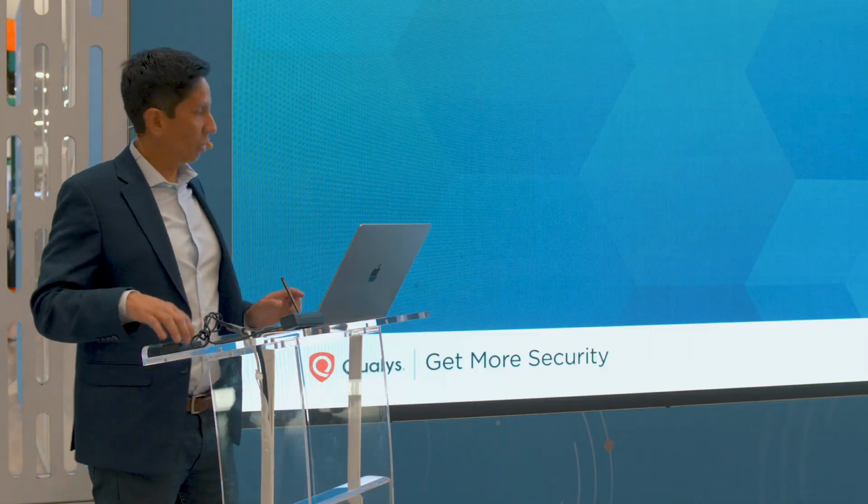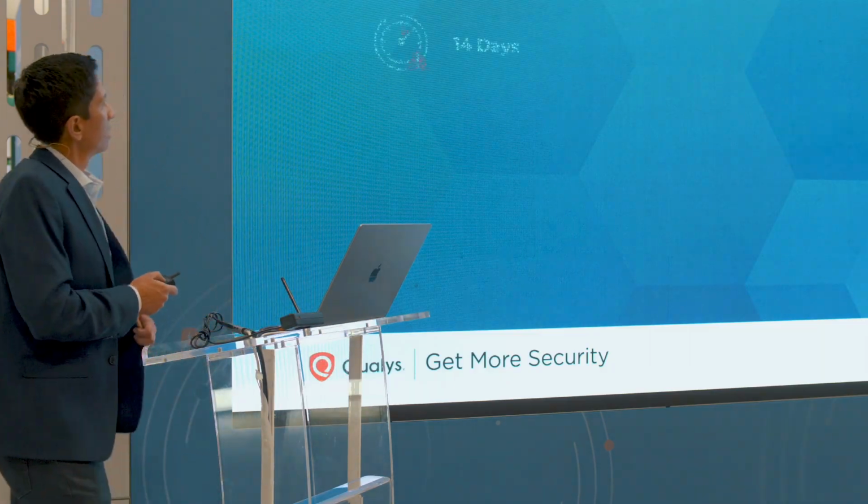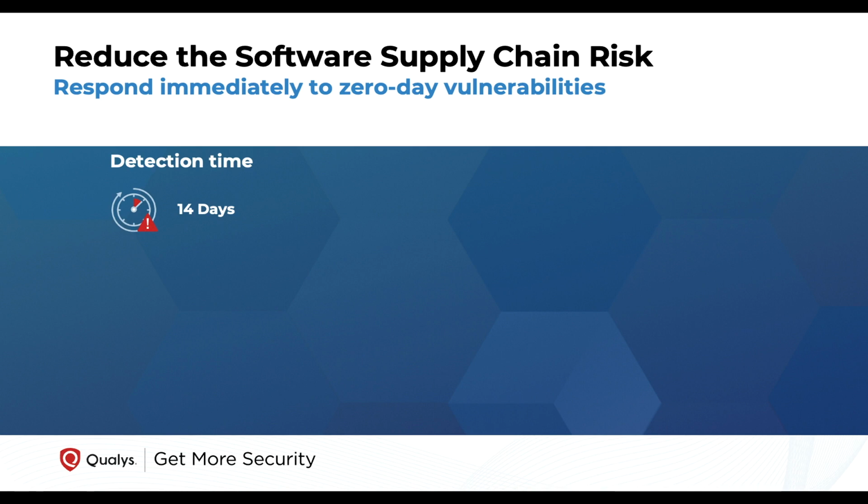So just to conclude, what you can achieve with this. What are some of the business benefits of this approach, right? We can reduce our detection time from what we have seen, 14 days. Teams were struggling to find out what the asset scope is, what the applications are.